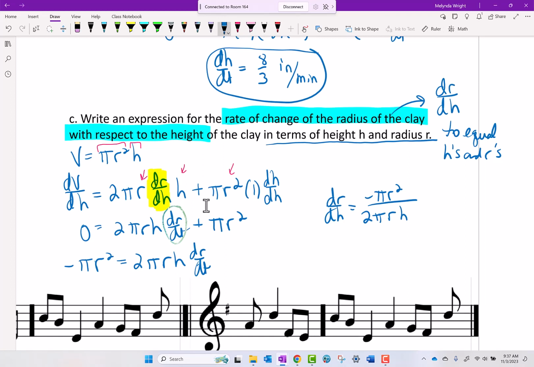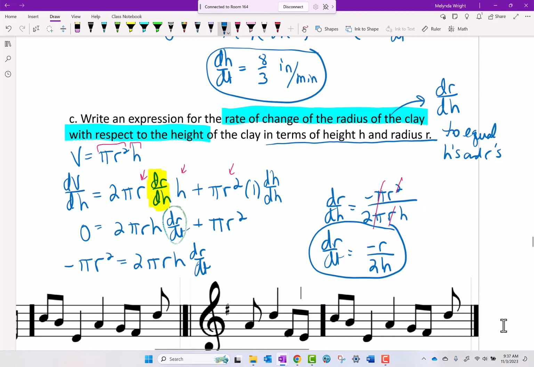Now, if we can simplify, we need to, and we can. Those pi's cross out, right? And I have 2 r's in the numerator, 1 in the denominator, so those are going to go away. I'm just going to be left with dr dh equals negative r over 2h. And that's what they wanted us to do. You don't have to plug them in.